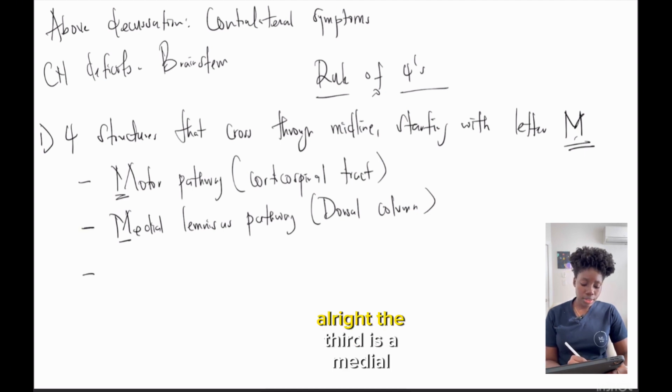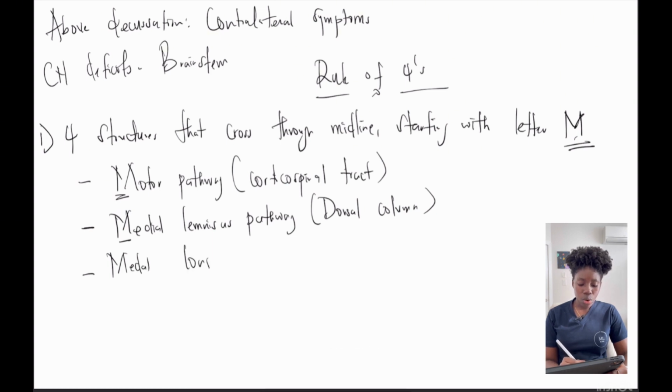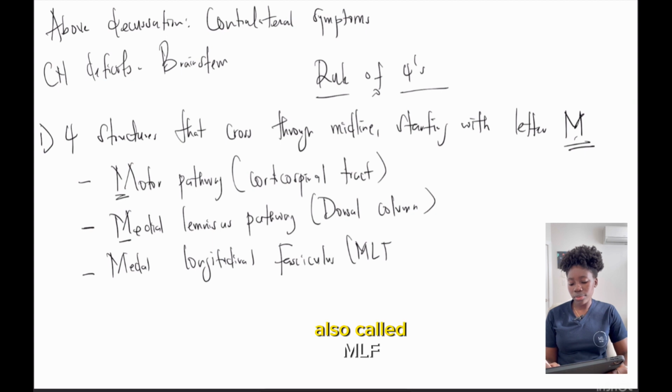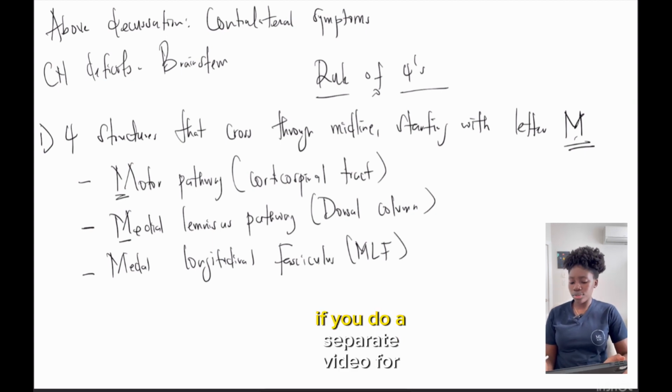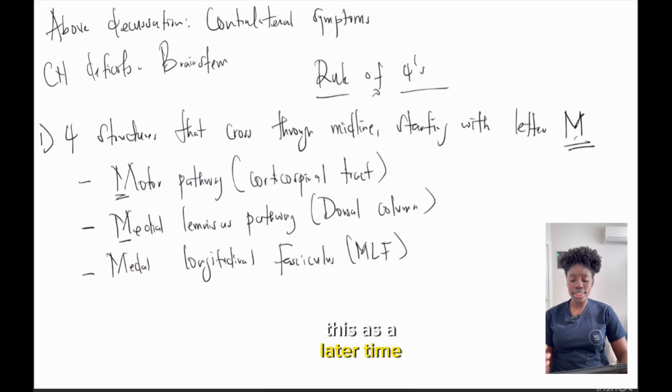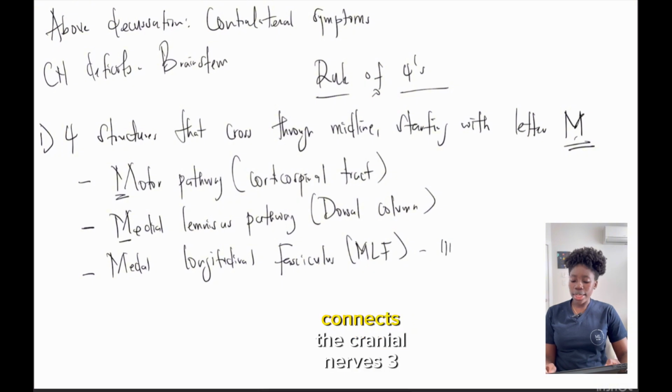All right. The third is a medial longitudinal fasciculus, also called MLF. So what the MLF is, and I won't get into, maybe we'll do a separate video for this at a later time. What MLF is basically a structure that connects the cranial nerve 3, 4, and 6.